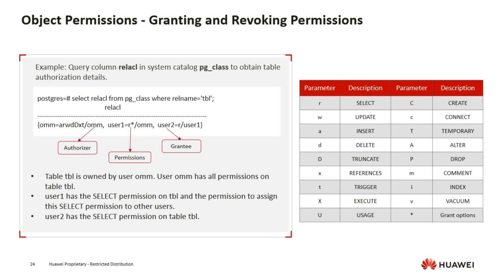Each group consists of three parts: grantee, permission, and the grantor. Table TBL is created by OMM so that OMM has all privileges for it. User 1 got a select access from OMM and he can reauthorize to other users. User 2 has a select access as well, and he cannot grant it to others.